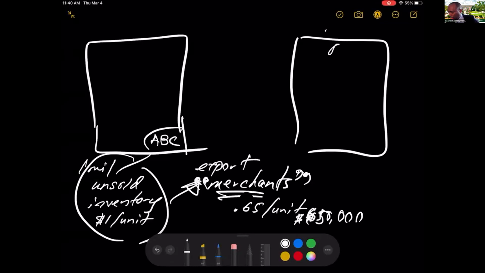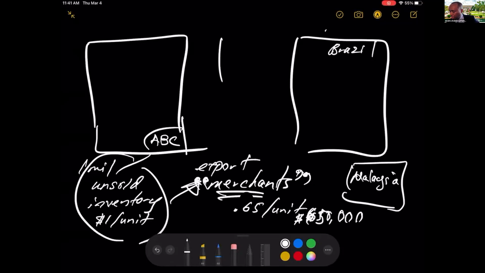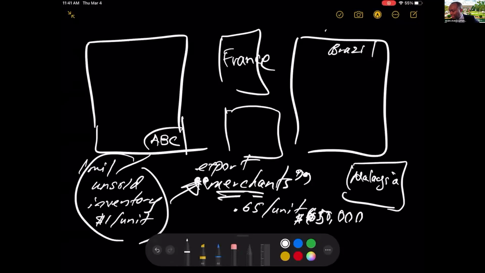So they might sell some to Brazil, they might sell some to, let's say, Malaysia, they may sell some to France. And this size is not indicative of the country, obviously. But they may sell them to different countries.